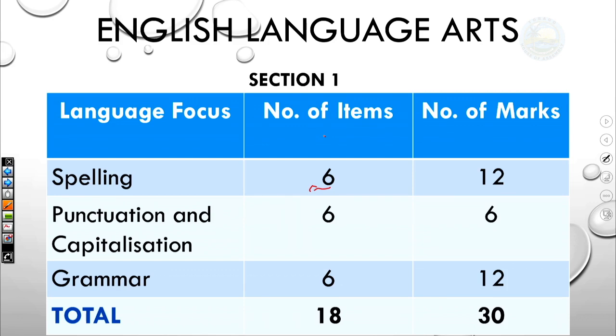Punctuation and capitalization, 6 items weighing 6 marks. Grammar, number of items 6, number of marks 12. In Section 1, there is a total of 18 items weighing 30 marks.